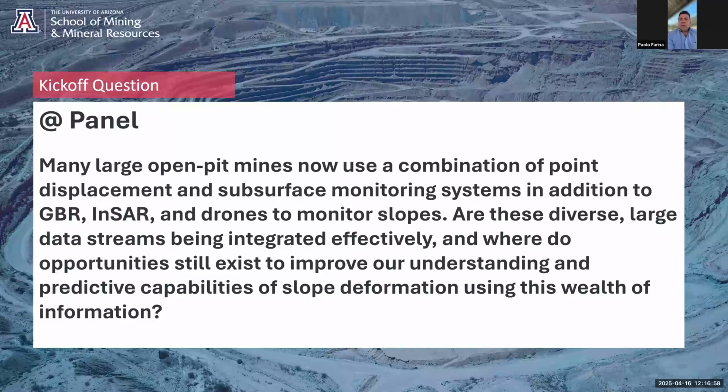So that's something where, in my opinion, there is a lot to do still, because we have data, but the most important point is how we analyze those data in a routine way, and how the staff on site is looking at the data. To have good technology does not mean that we have a safe operation or an efficient operation, because we need to have people that spend time looking at the data and understand those data.